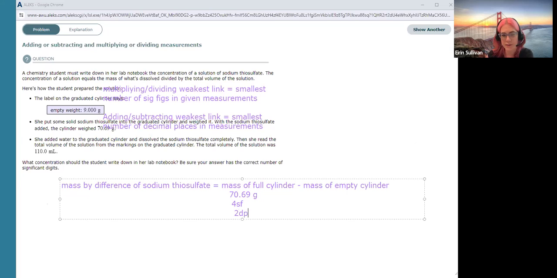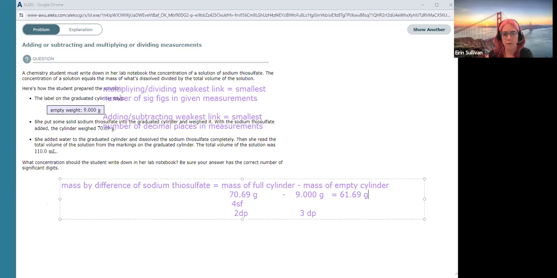The mass of the empty cylinder was 9.000, again 4 sig figs, but 3 decimal places. So we should only be giving our answer to 2 decimal places. So what is the answer? 70.69 minus 9 is 61.69, which comes out to 2 decimal places anyway, but we just want to be aware.